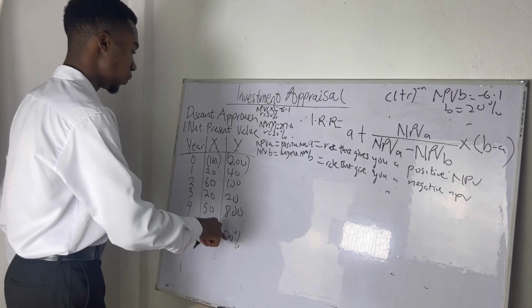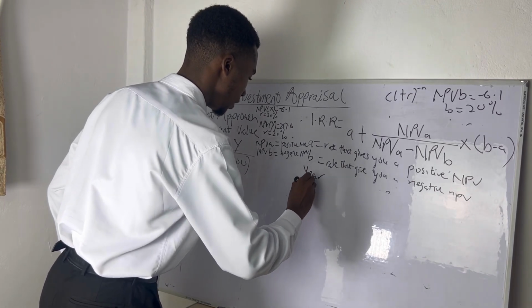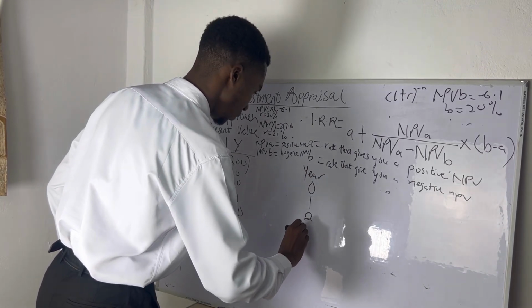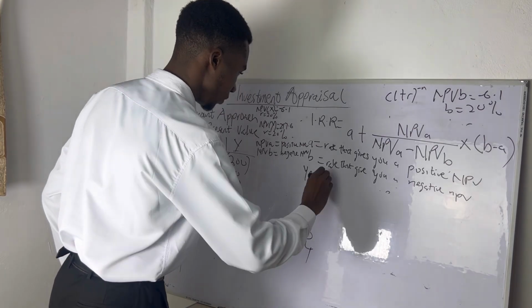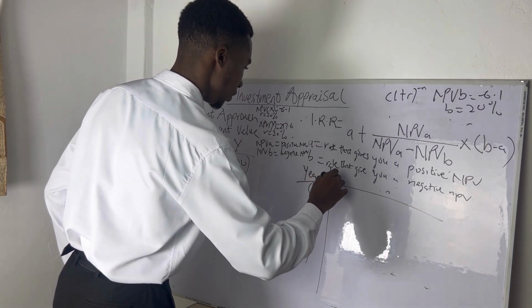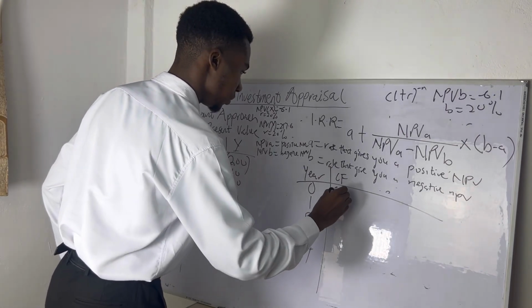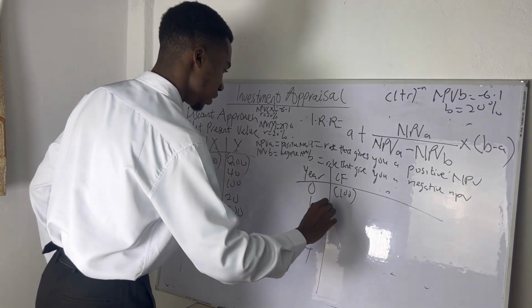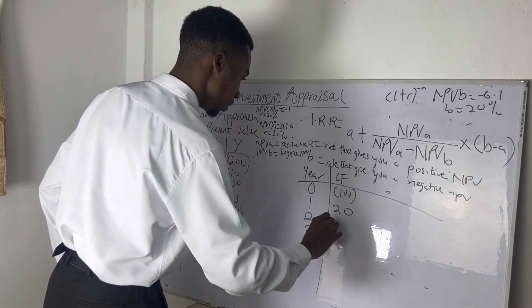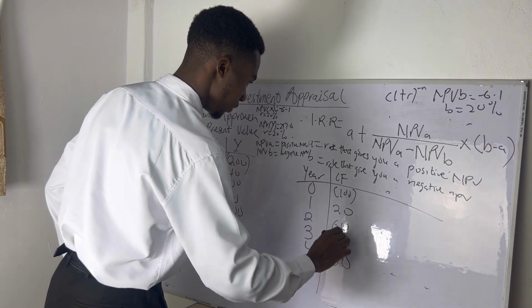Now we are going to do it for 10%. So 0, 1, 2, 3, 4. Then we have the cash flows. This is how much you invested, so we put it in brackets. And you have 20, 60, 20, 50.